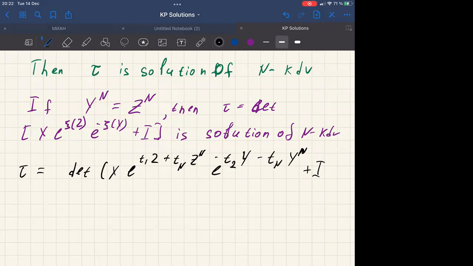Since this is also y to the power n, this one commutes, and we could write it this way.